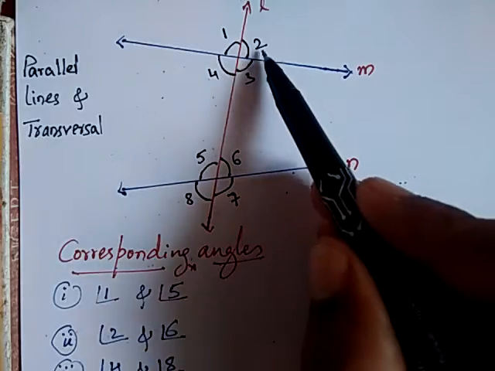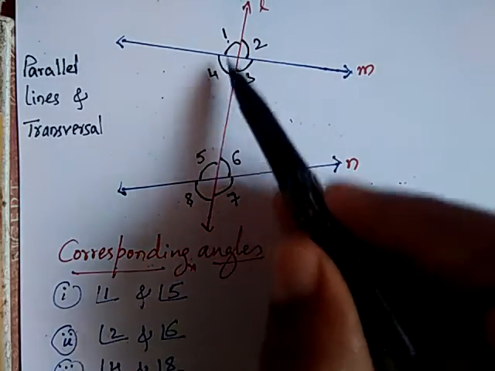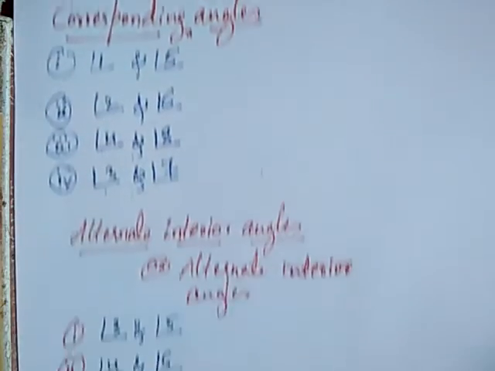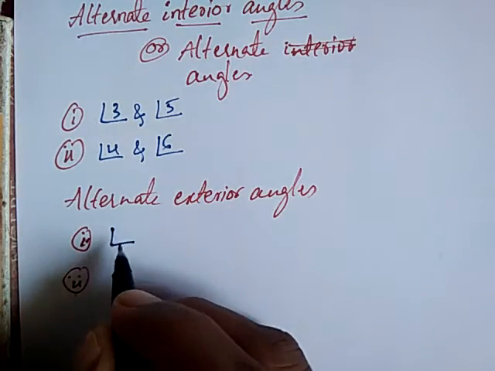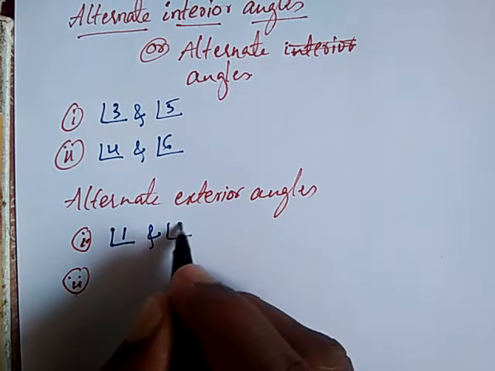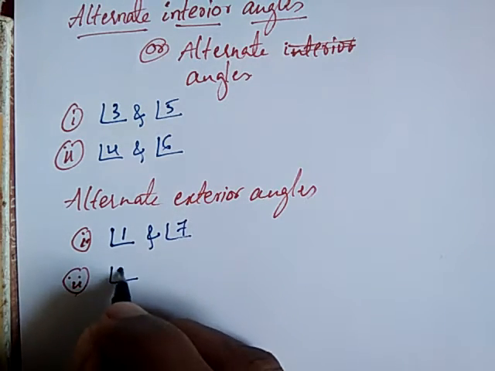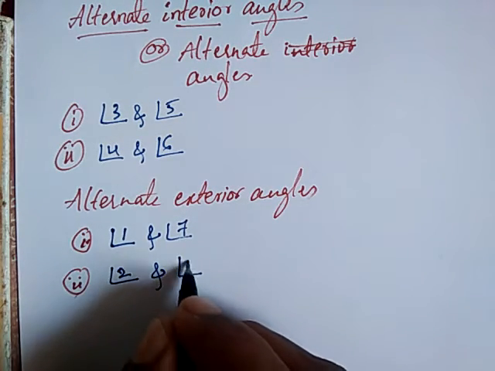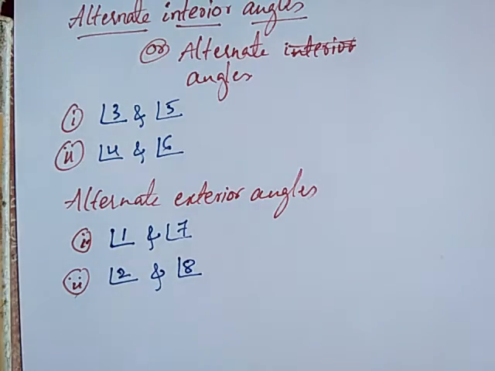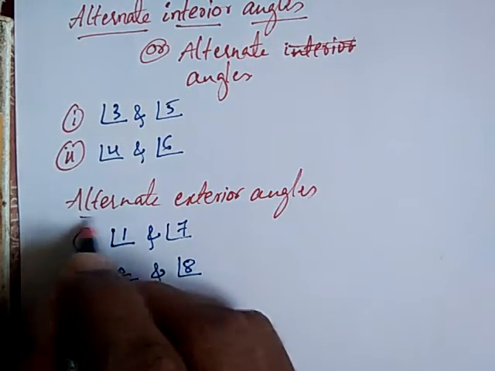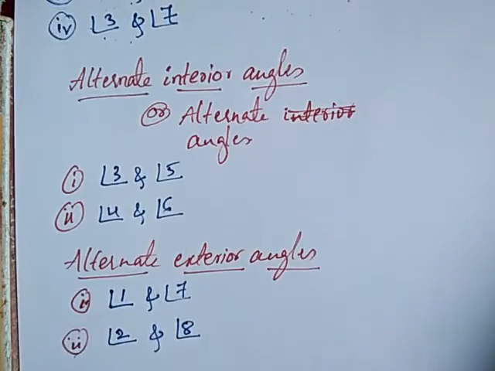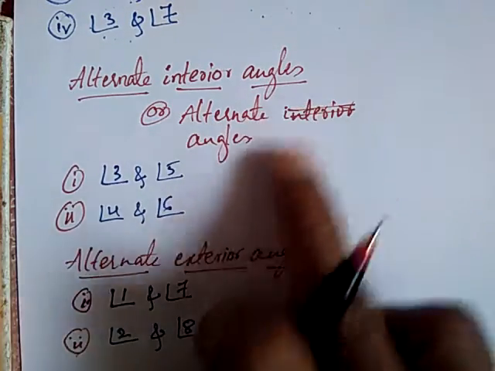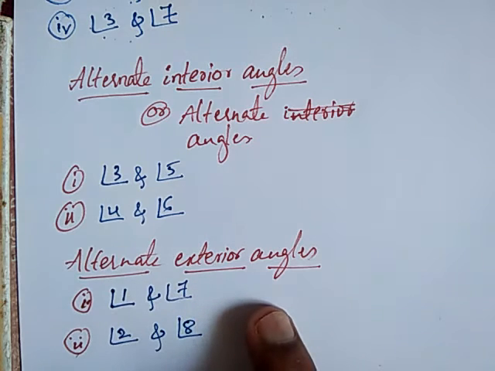So you can write angle 1 and angle 7, angle 2 and angle 8 as the alternate exterior angles. For this one there is no short form. Alternate angles means you must go for the alternate interior angles only, not for the alternate exterior angles.